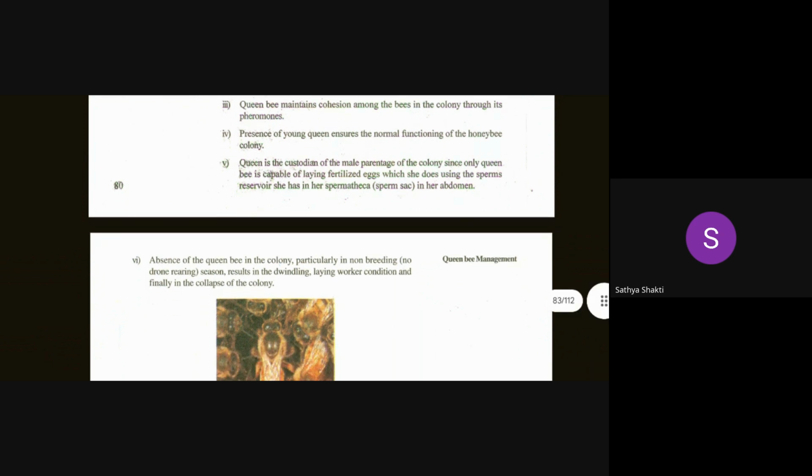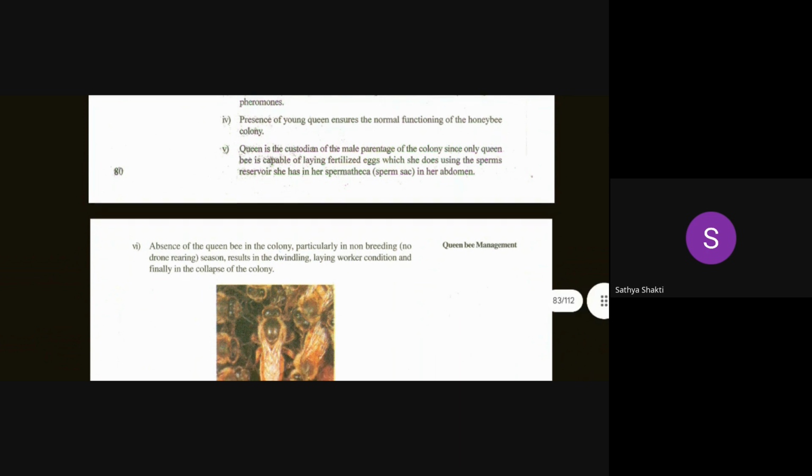Queen bee maintains cohesion among the bees in the colony through its pheromones. Presence of a young queen ensures the normal functioning of the honeybee colony. So the queen must be introduced often, every year. Annually, old queens will be replaced with newer ones.